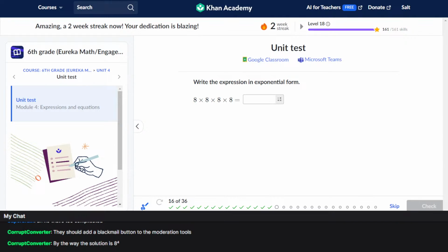Corrupt Converter says, by the way, the solution is 8. Yes. But yeah, I'm actually not doing the math. Oh yeah, I was going back to it, yeah. But then I got distracted looking at the TTS thing. Wait, now I'm on this tangent. Now I have to figure this out.